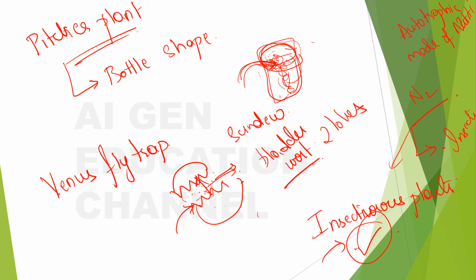There are some other special modes of nutrition like saprotrophic nutrition, and we will look into this, but maybe I'll end the video here, and in the next chapter we will see the special modes of nutrition, and also the modes of nutrition in animals. We will do both of these things in the next video.